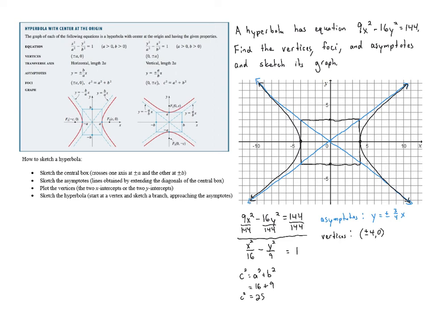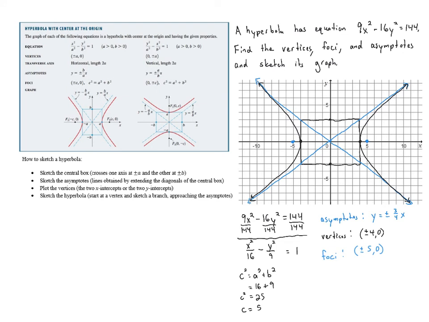So we've got c squared equals 25, which tells us that c equals 5. And so we can actually plot those. They're going to be at 5, 0, and negative 5, 0. And if we want to write that out, we've got plus or minus 5, 0. And that is our hyperbola.